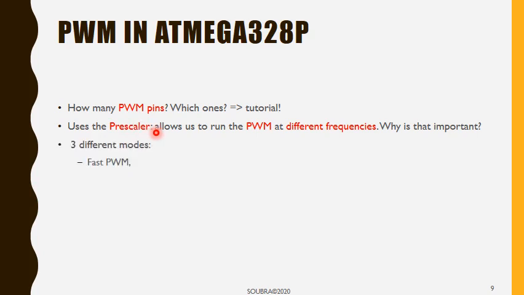For this particular microcontroller, if I'm not mistaken, we have 3 different modes, and of course you refer to the datasheet to know which one to use and how to use them. It all goes down to programming the concerned registers with the proper ones and zeros. You have a whole tutorial on that particular PWM topic.